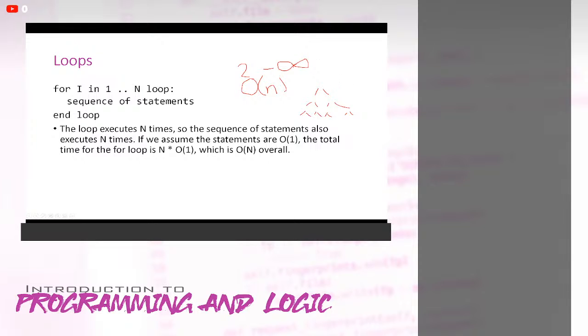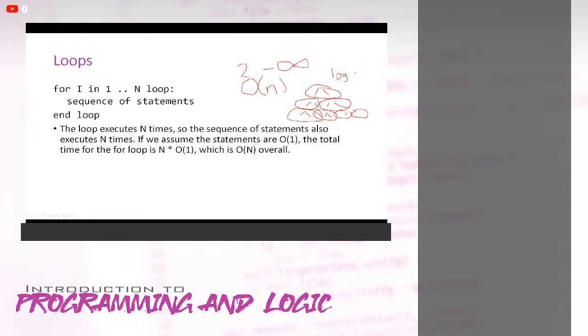Since we're using this tree structure, it's like we baked one cake here for these two, we're baking 2 cakes here for these 4, we're baking 4 cakes here for these 8, right? That's logarithmic time.